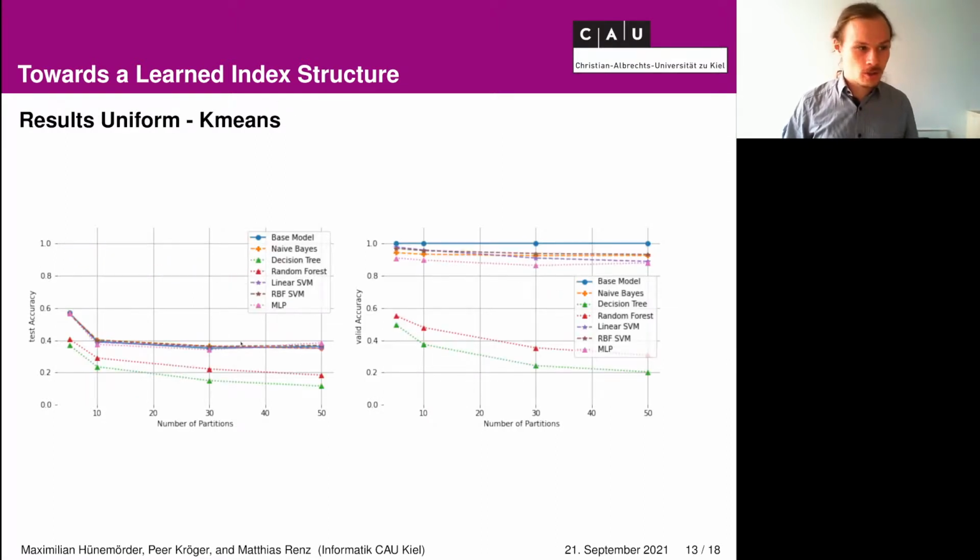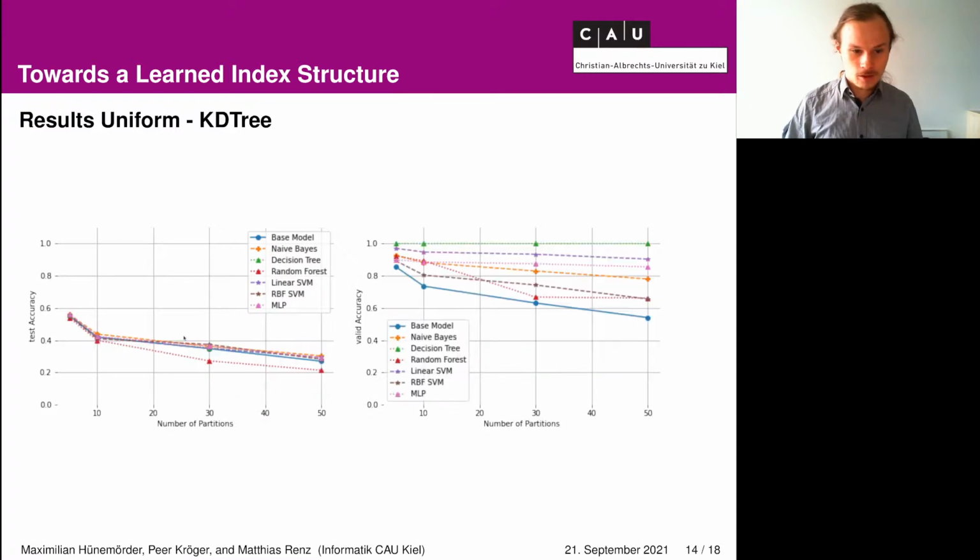On the uniform data sets, the performance goes worse for both types. This makes sense, since if we have a uniform data set, as we saw earlier, and we kind of randomly partition it and have decision boundaries, these decision boundaries can easily split groups of nearest neighbors.